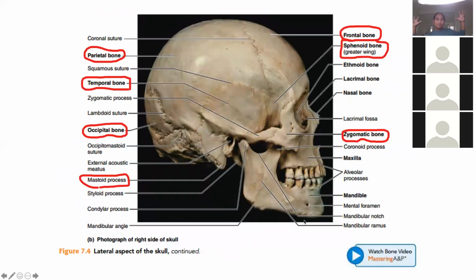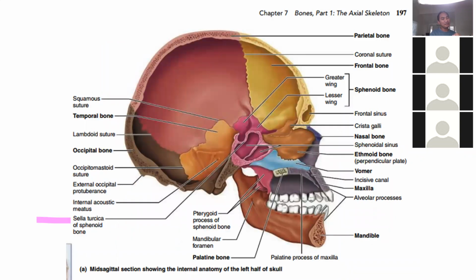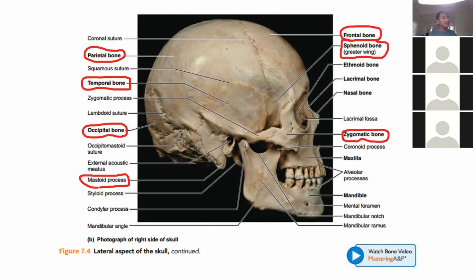Okay, so now I'm going to push the skull back. So which is the same here, or might be the same like this one. But yeah, let's have a look. So to start with, we will go back to what we know, just to ease ourselves.